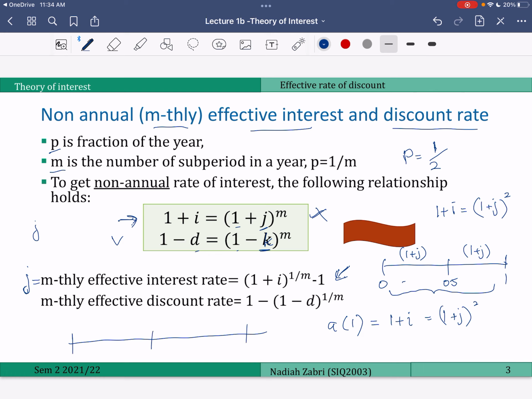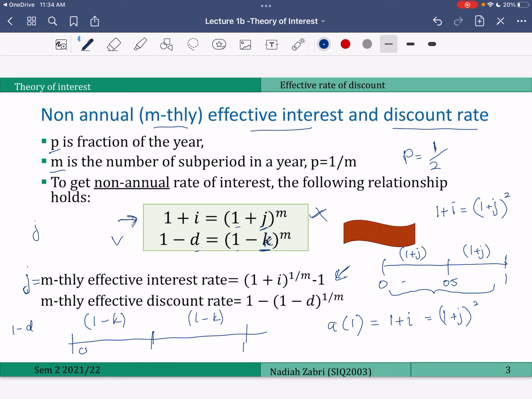So the present value factor between 0 and 1 is 1 minus D. So present value factor is also equivalent to 1 minus K times 1 minus K. Okay.